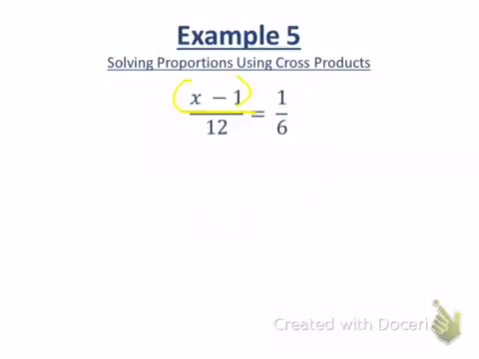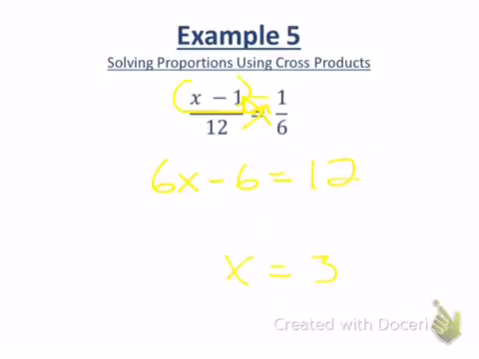You have to distribute the 6, right? So 6 times x minus 1 will be 6x minus 6 equals 12 times 1, which is 12. Now we can add 6, divide by 6, and we get x equals 3.